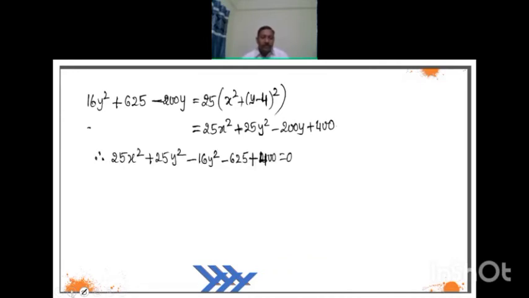Expand and simplify, so that we get the equation 25x square plus 25y square minus 16y square minus 625 plus 400 is equal to 0. Upon simplification, we get 25x square plus 9y square minus 225 is equal to 0.